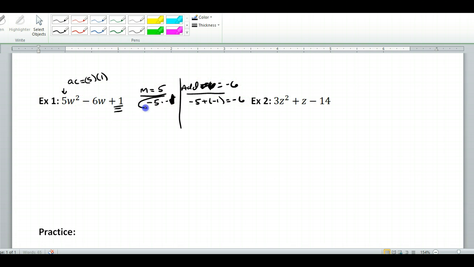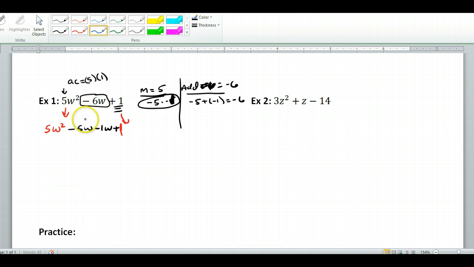Since these are the factors that make both of these happy, we're going to bring down the 5w squared, bring down the 1, and rewrite this middle term using the negative 5 and the negative 1. So we're going to go minus 5w minus 1w, and that's plus the 1.